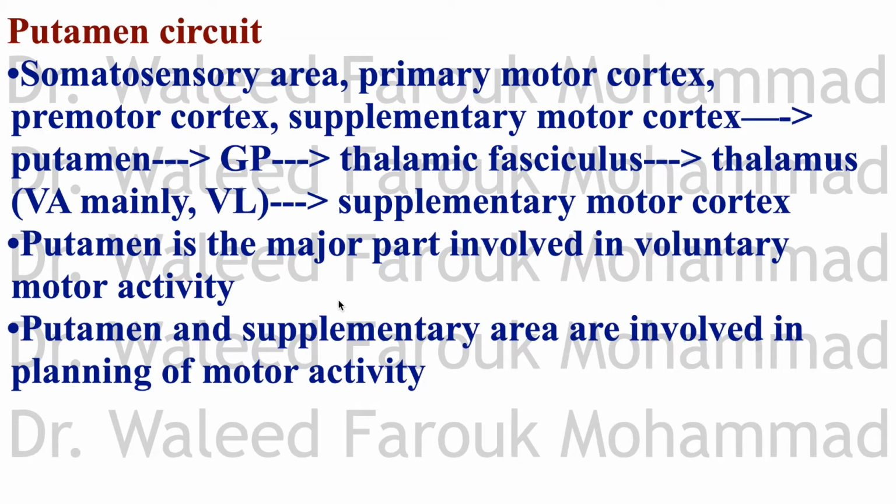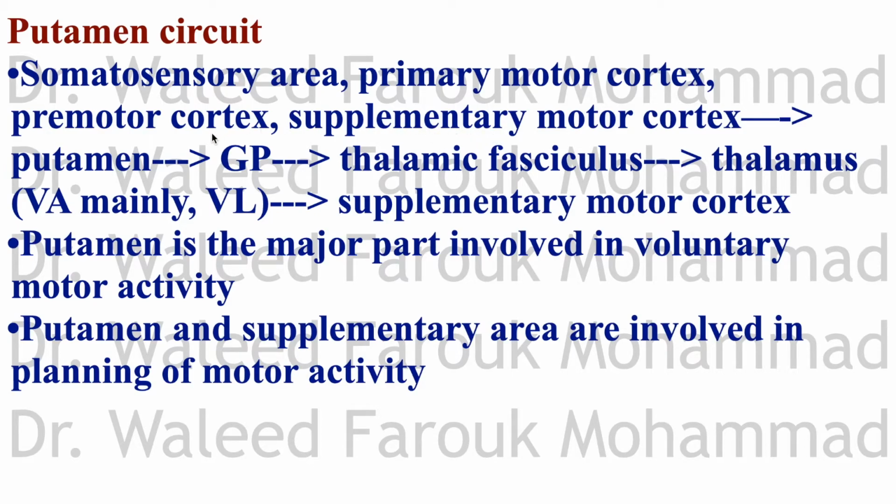The putamen circuit. The outflow comes out of the somatosensory areas, the primary motor cortex, the premotor cortex, which is anterior to the primary area, and the supplementary motor cortex, which lies on the medial frontal gyrus, on the medial side of the brain.